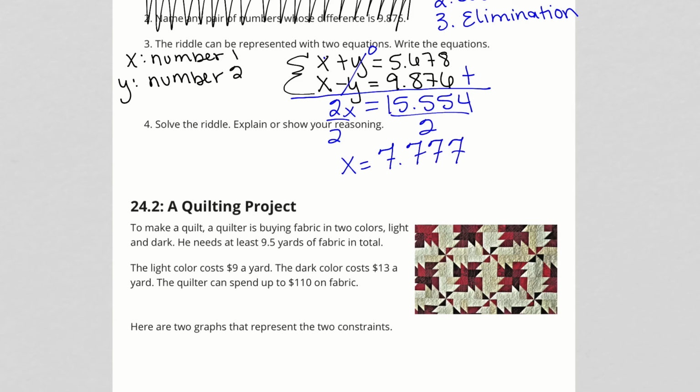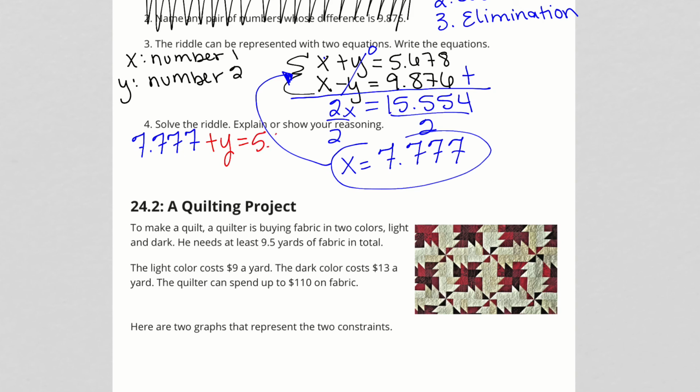7.777. We're going to take that x equals 7.777 and plug it in to one of our two equations up here. I'm going to choose the top one, so I'm going to have 7.777 plus y equals 5.678.